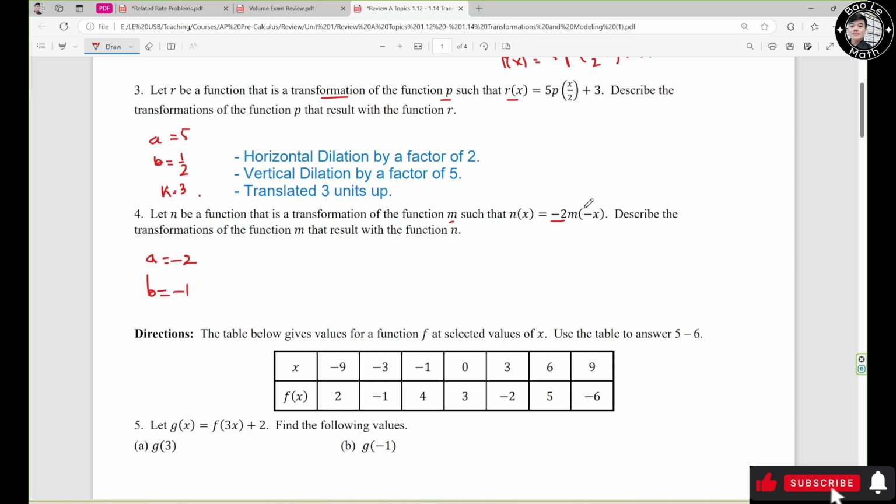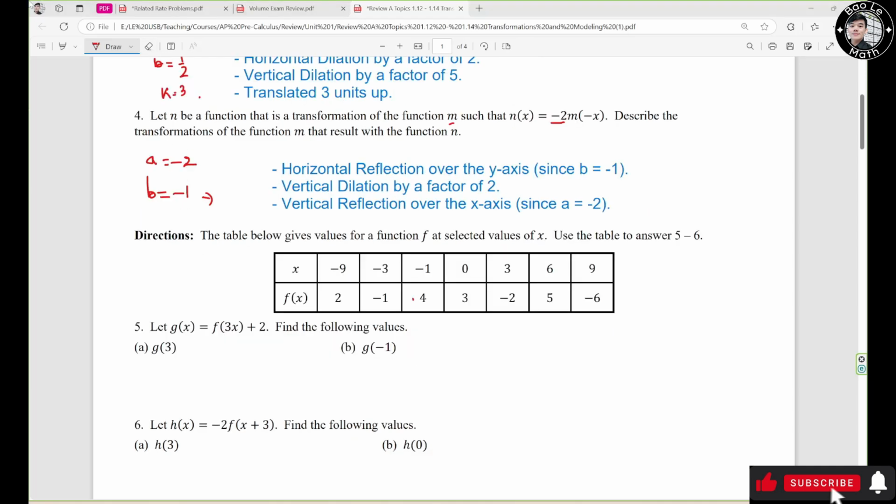No h and no k, right? So in this situation, we have the reflection over the y-axis, right? Because b equals negative 1. And vertical dilation by a factor of 2, and then reflect over the x-axis, right? Now let's move on to number 5 and number 6.